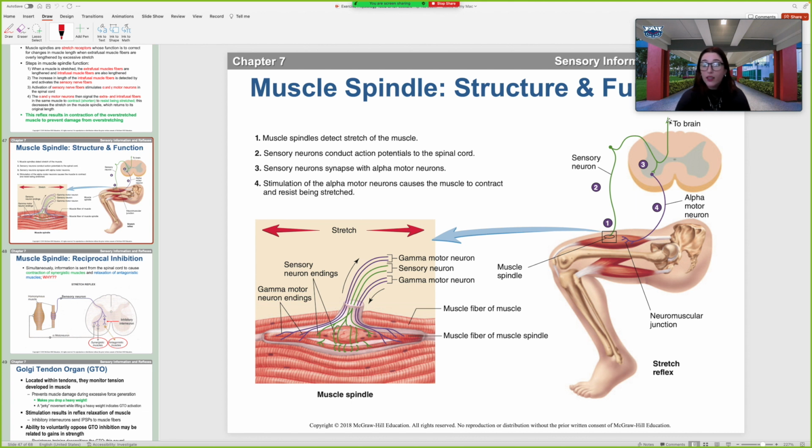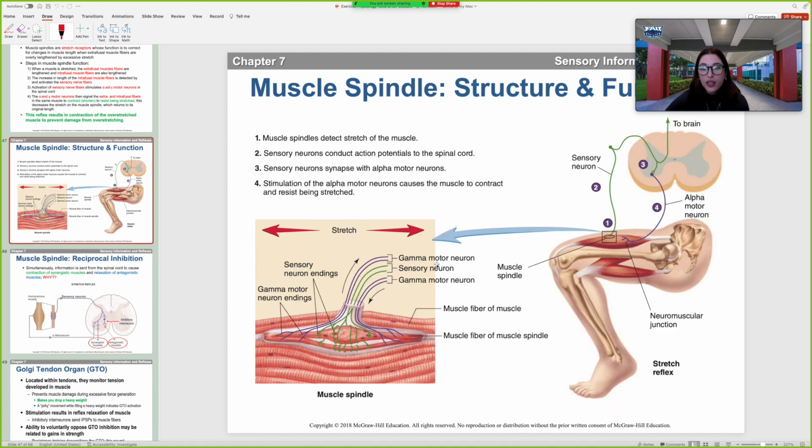Why? Because they're also proprioceptors. They're telling us the position of our muscles. We don't want to only know the position of our muscles to resist stretch. We just need to know it so we can live and know what our body's doing. So some of that sensory information goes to the brain just for general information, and then it also synapses on the alpha motor neuron to do its job with the stretch reflex, okay?